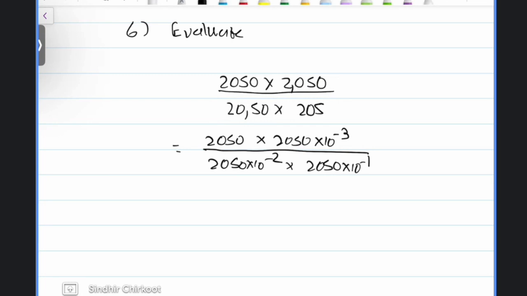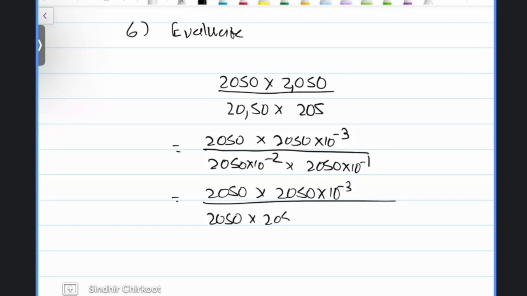Okay, so now let's have a look at essentially what we have. Here, this is going to give us times 10 to the minus 3. So let me rewrite that for us at the bottom. It's still 2050 times 2050 times 10 to the minus 3 all over 2050 times 2050.